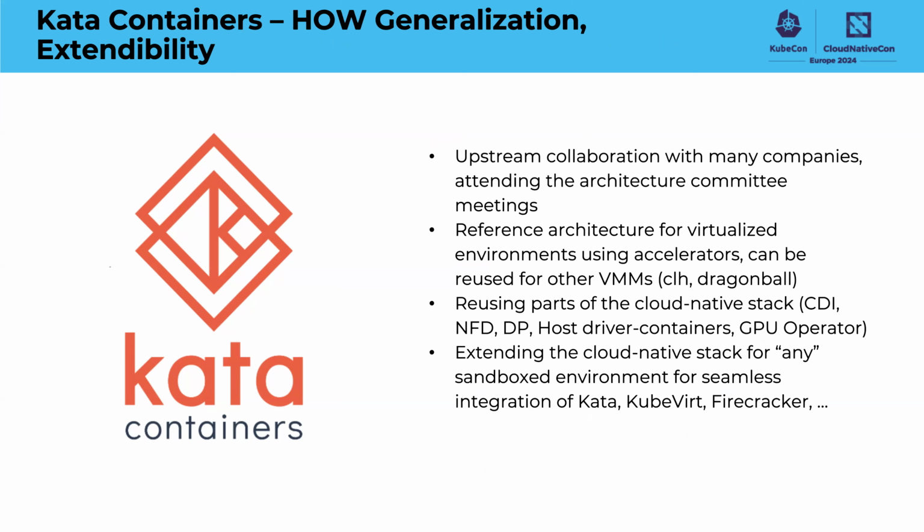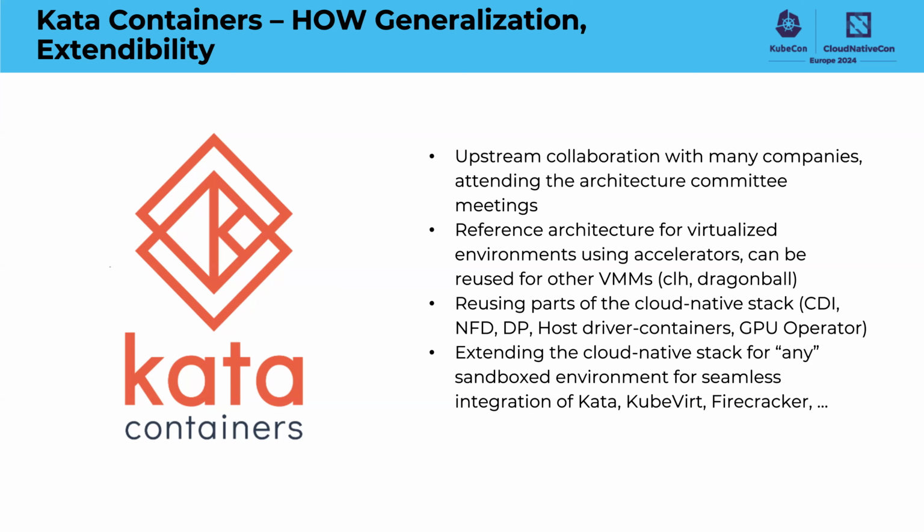Upstream, we are collaborating with many companies, be it Intel, AMD, ARM, and we have architecture committee meetings. We're discussing the future of Kata. Especially on the PCI Express topology, we added the reference architecture for virtualized environments.